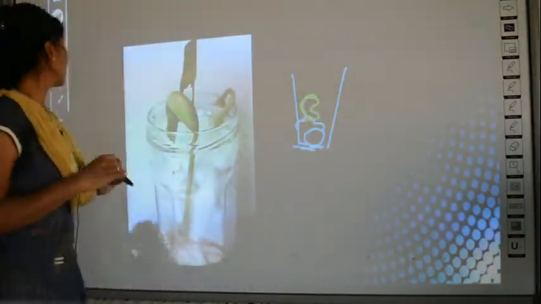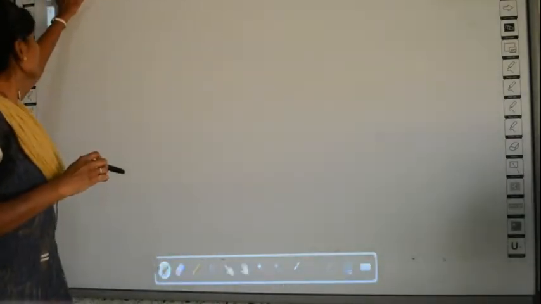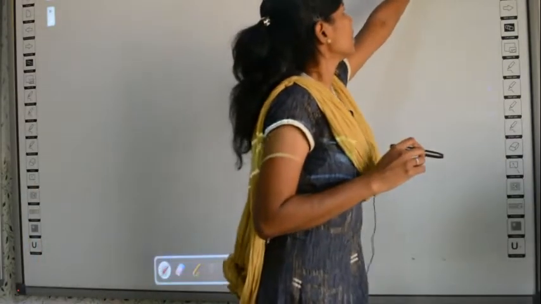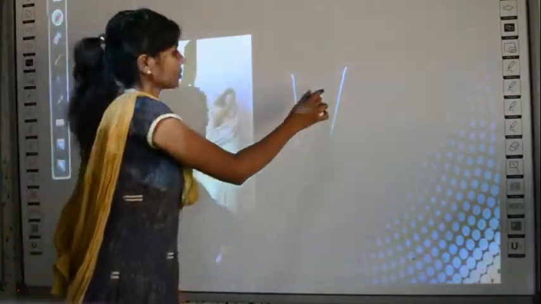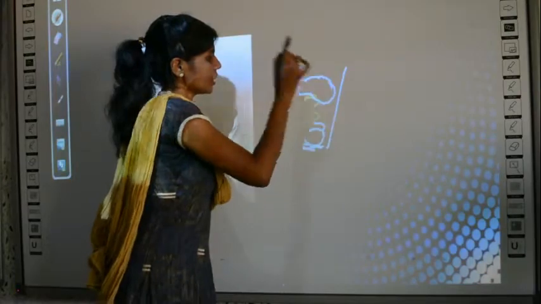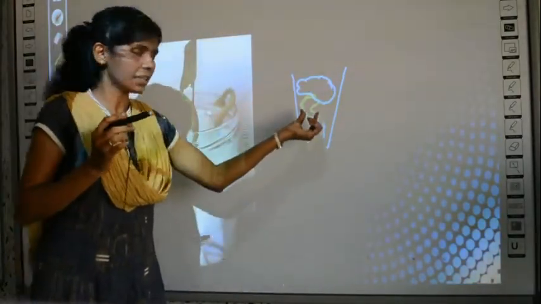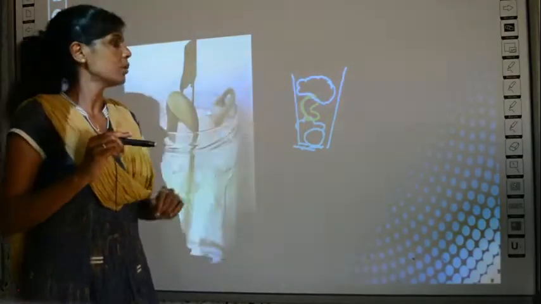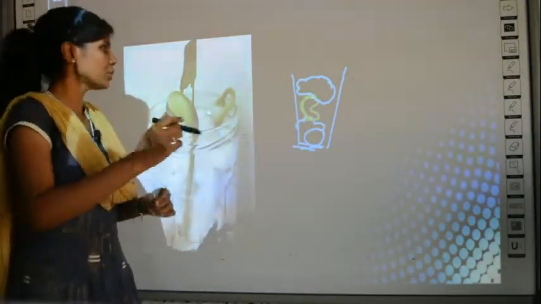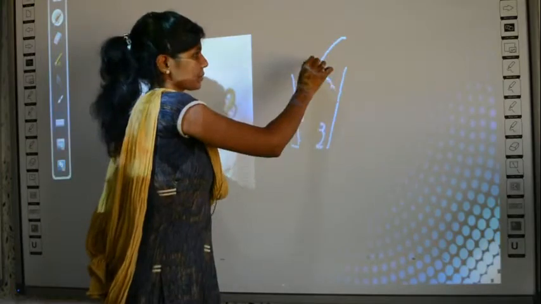Then again put cotton above the seed. So put the seed in between the two layers of cotton, above also you have to put cotton, and then pour some water.